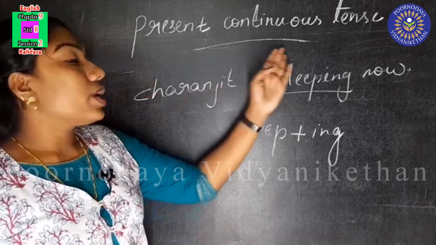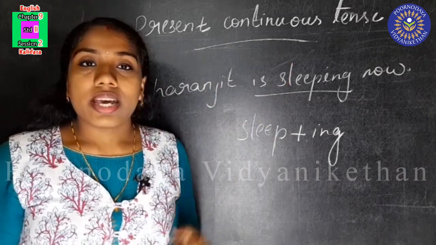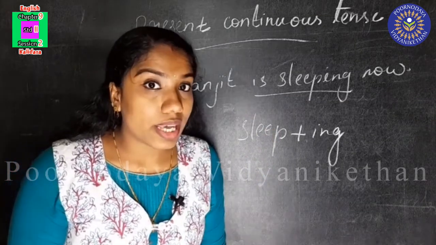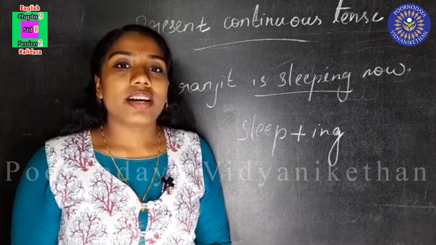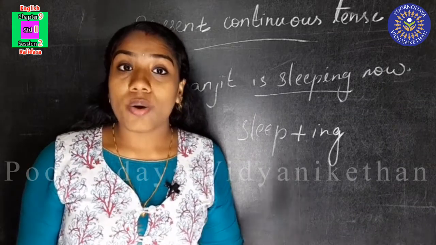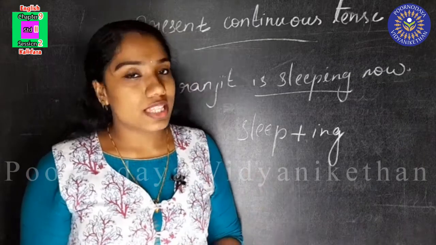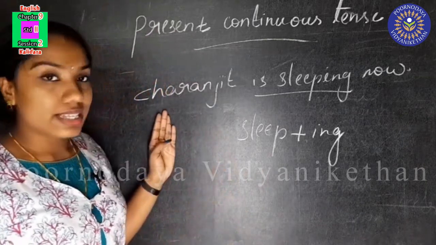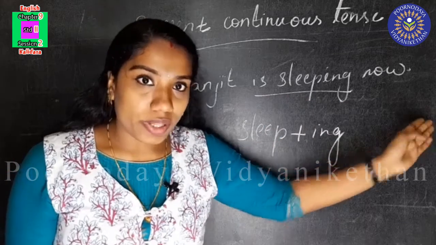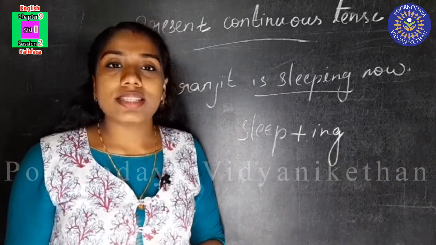So, where do we use present continuous tense? We use present continuous tense to talk about things that are happening right now, that are going on at the moment of speaking. See the example here. Charanjit is sleeping now. That means now he is sleeping.